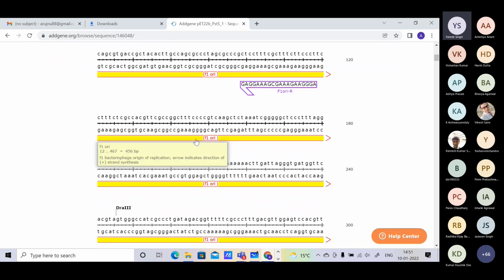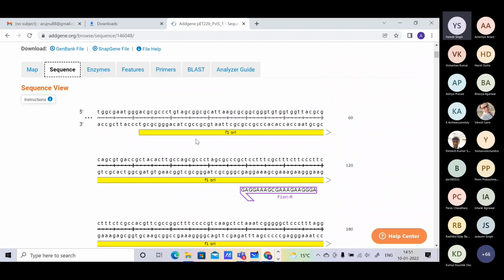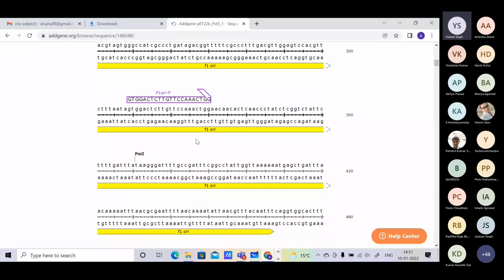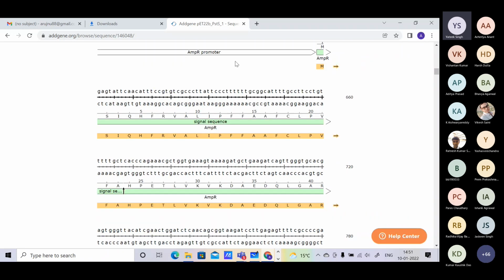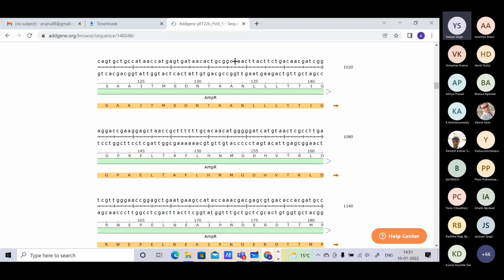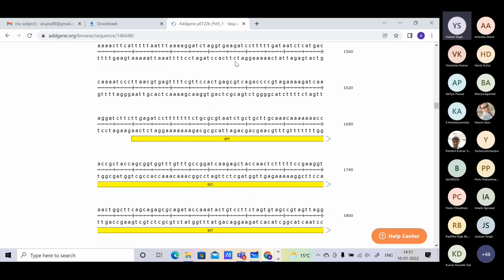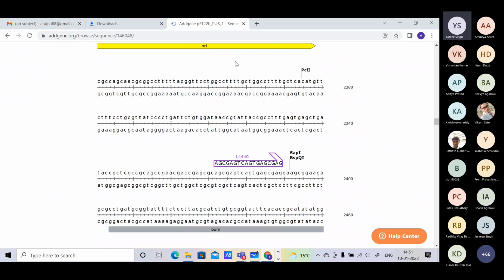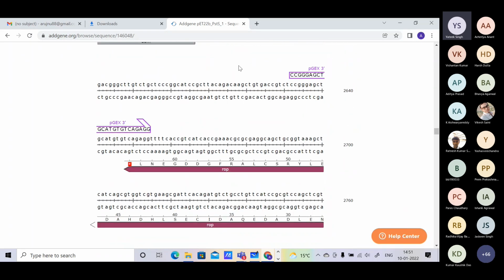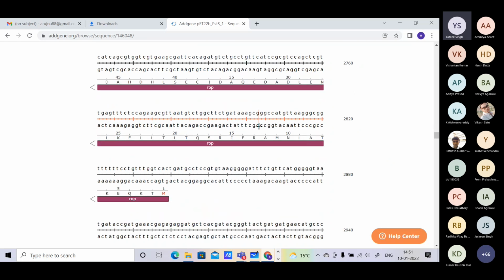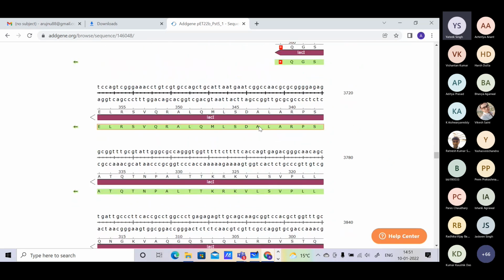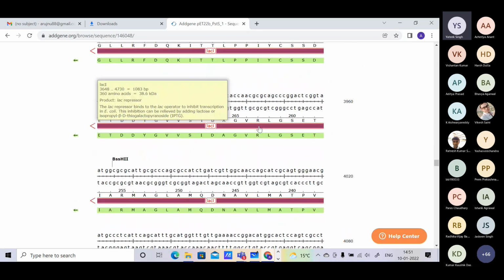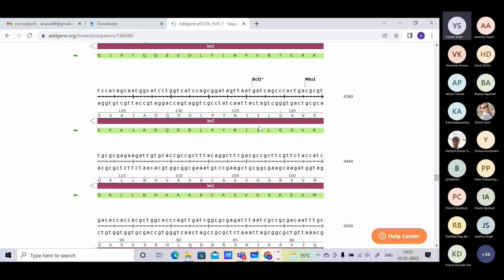You can see that the things which were there in the map are also highlighted here. This is the part of the origin. This is the AMP promoter driving the ampicillin resistance marker. As you go down, you will see different things which are part of the vector. Now we are particularly interested in understanding the part which is driving our gene of interest in this vector.